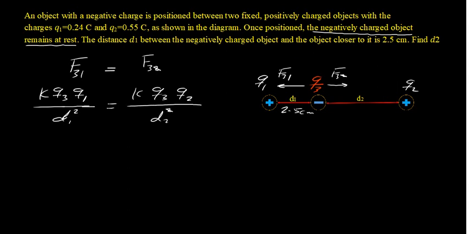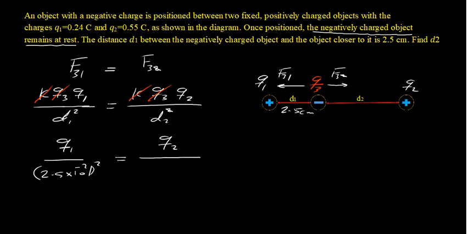Now if we look carefully, I can simply eliminate the constants and Q3 from each side, which leaves us with Q1 over (2.5 times 10 to the power minus 2) squared, that's the value of distance 1, equal Q2 over d2 squared. We can place the values later.